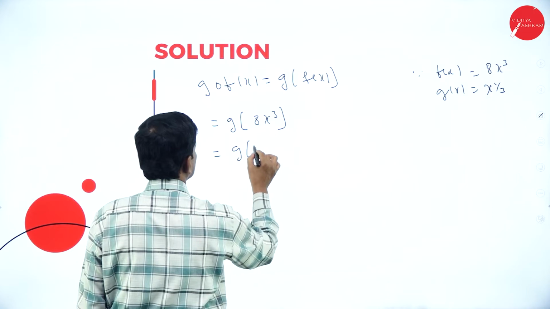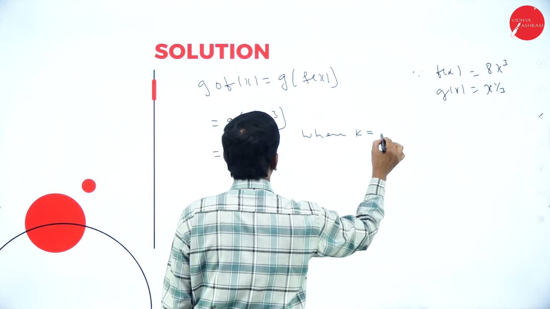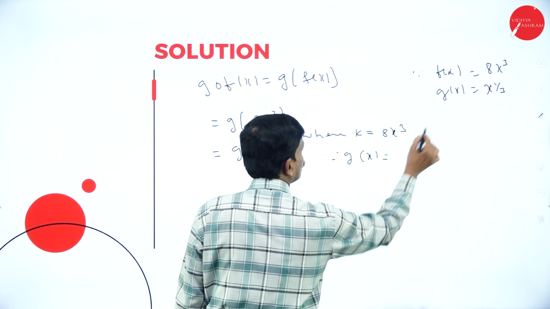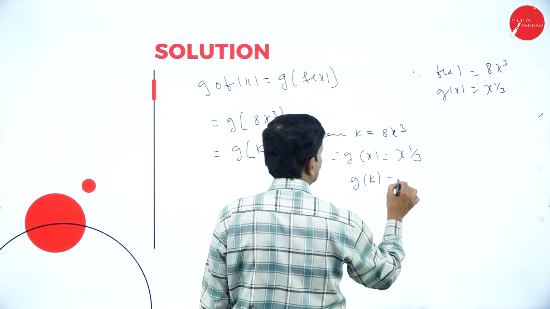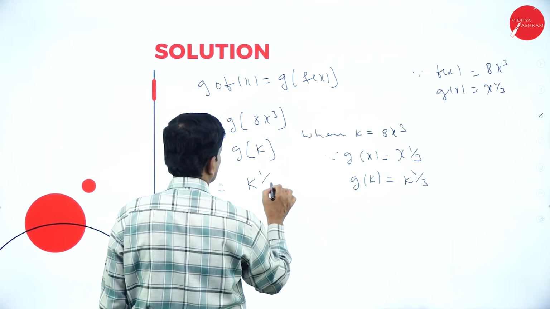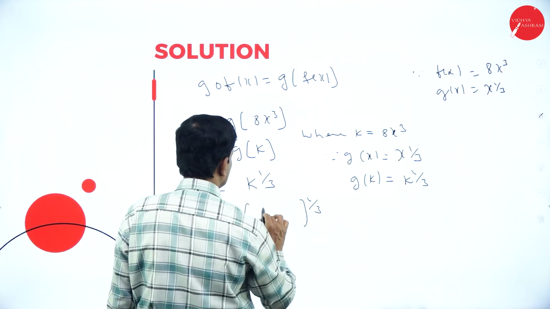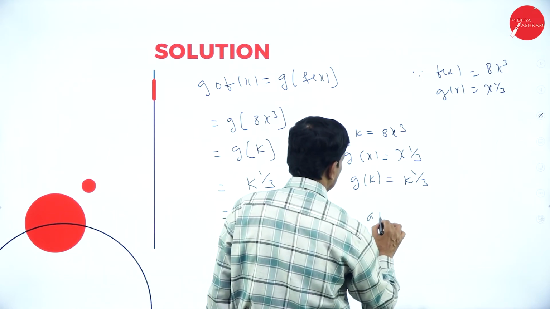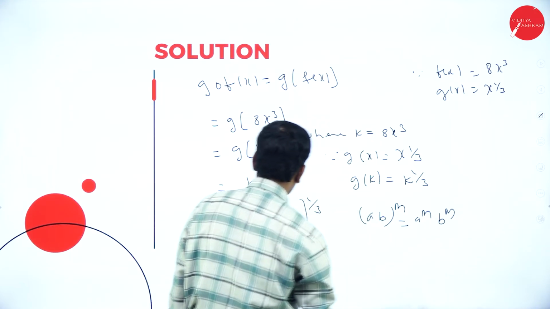So this is g of, let us call it k, where k is equal to, as usual, inside the bracket, 8x cube. Since you know g of x, what is g of x? x to the power of 1 by 3. Then g of k, what is g of k? k to the power of 1 by 3. So this can be written as k to the power of 1 by 3. What is k? Substitute. k is equal to 8x cube. Again law of indices: a b to the power of m is also equal to a to the power of m into b to the power of m.